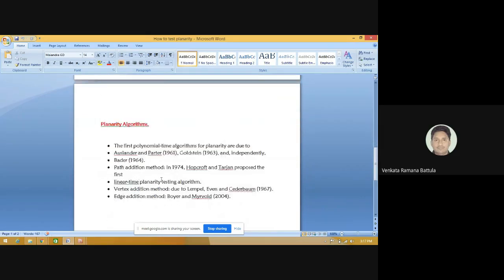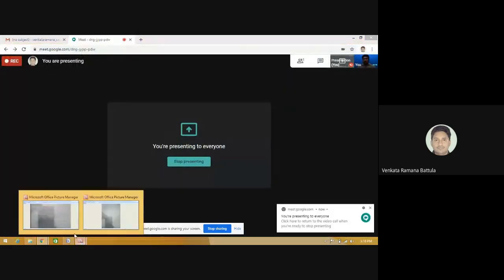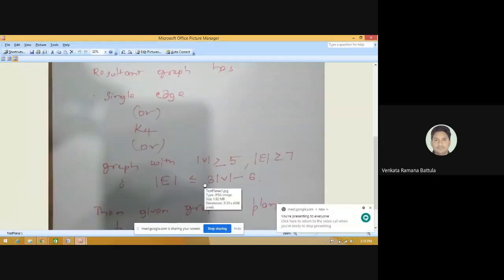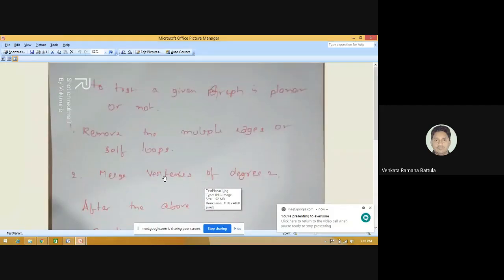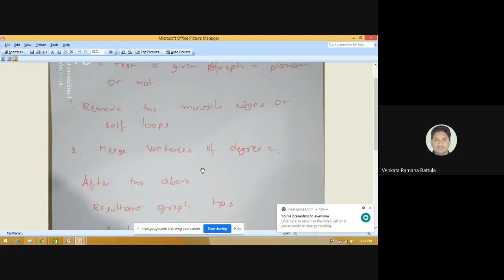Then there are some other algorithms also helpful to determine planarity. Today, I'm going to discuss a method to determine whether the given graph is planar or not. To test this, first we need to remove the multiple edges and self loops, and merge the vertices of degree 2.